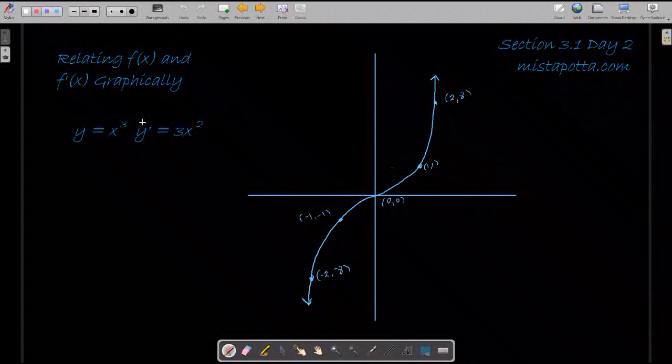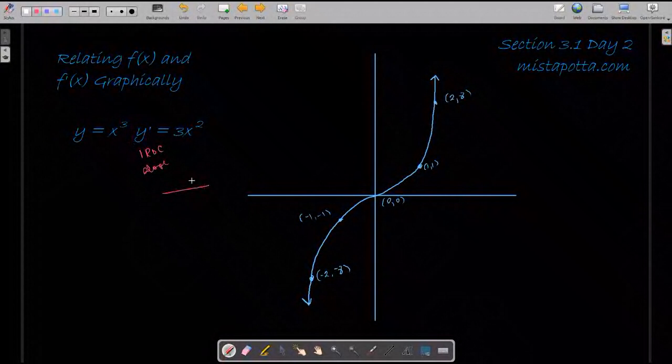Remember that this derivative function is my instantaneous rate of change. This is also the slope of the tangent line. And so what we're saying here is that if I look at these points, my slope is determined by this derivative function.